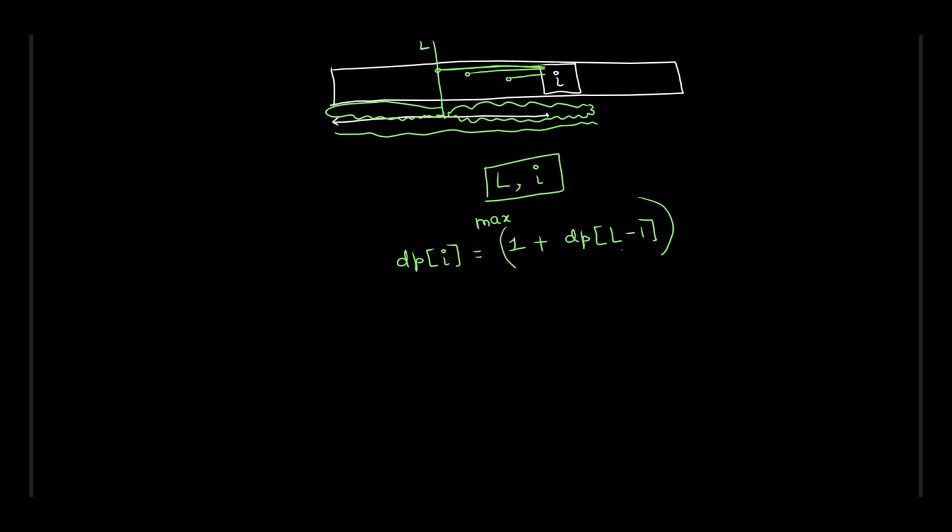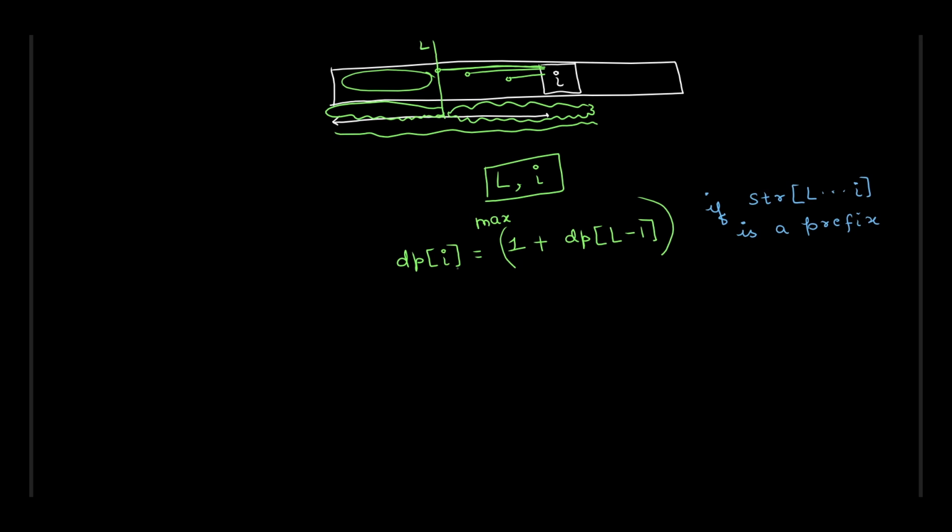You try all the possible choices for L and then you take the one that gives you the maximum benefit on the left hand side. But provided that you can only take this contribution if str L to I is a prefix. So we already have our first algorithm without much hassle.